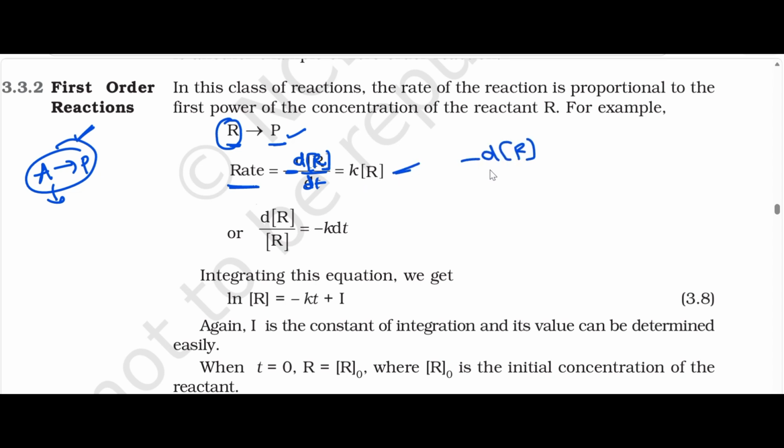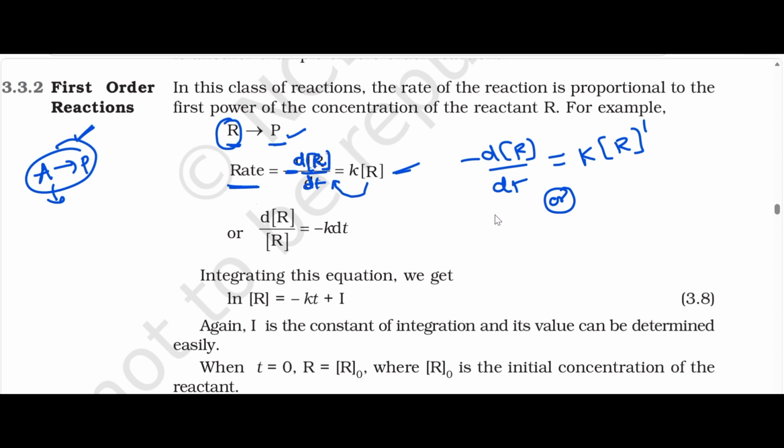Minus dR by dt with respect to reactant, the rate of reaction, is equal to the rate law, k into concentration of reactant to the power of 1. So minus dR by dt is equal to k into R. Or you may write dR by concentration of R, that means writing the same variables on the same side.